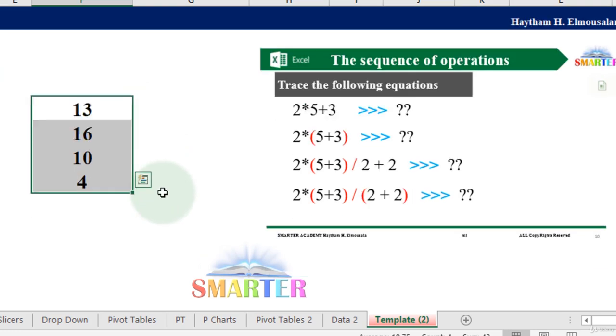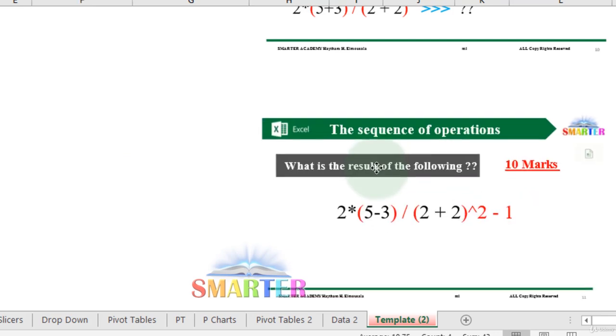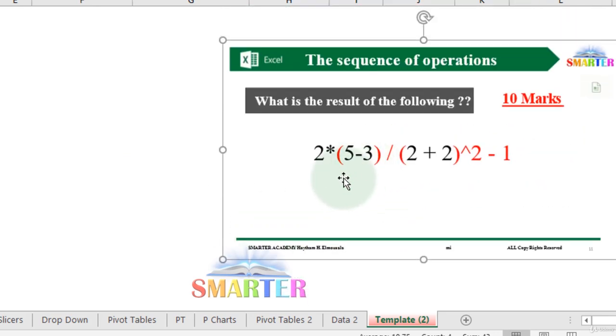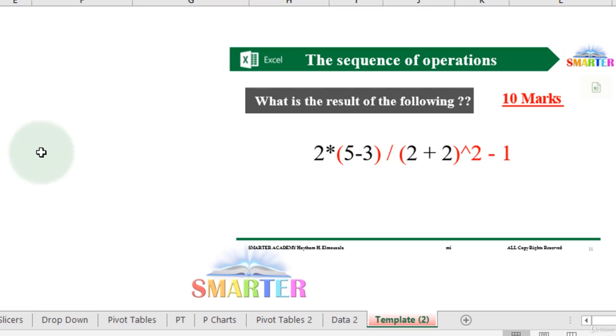Okay, so let's try to solve this equation. What is the result of this formula? Let's practice writing it.